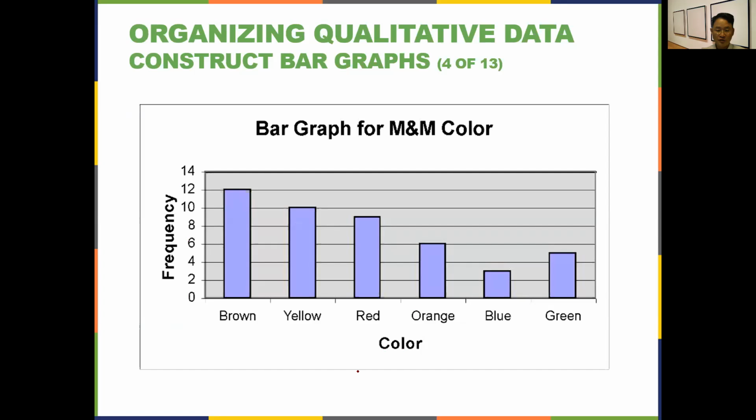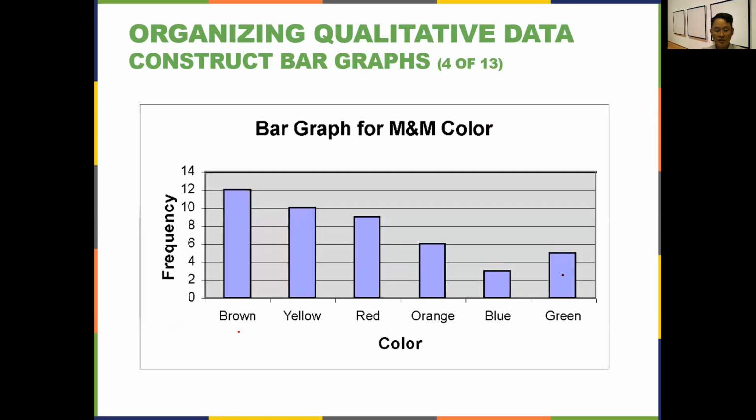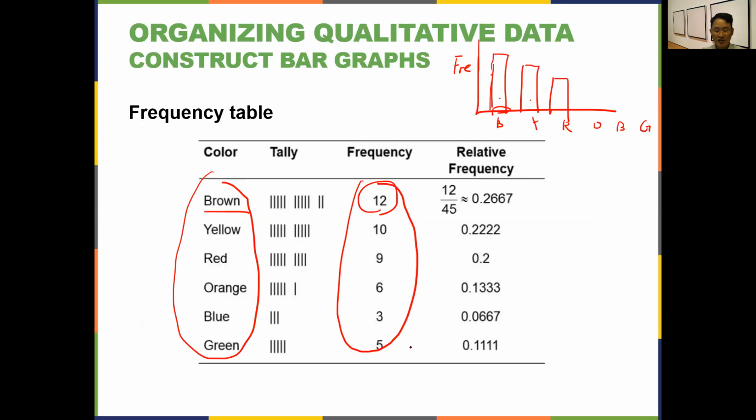If I give you a better looking bar graph, it looks like this. Remember, brown goes up to 12, yellow goes up to 10, red goes up to 9, orange goes up to 6, there are only 3 blue, and green was 5, just like that.